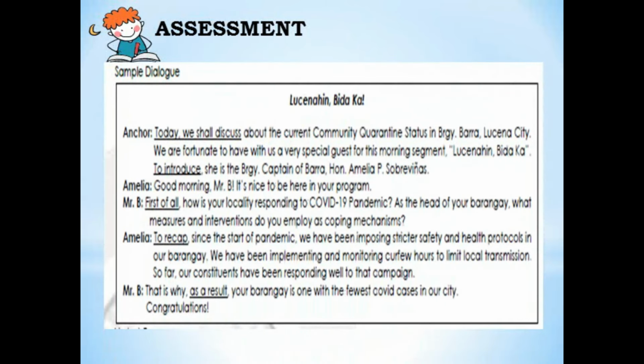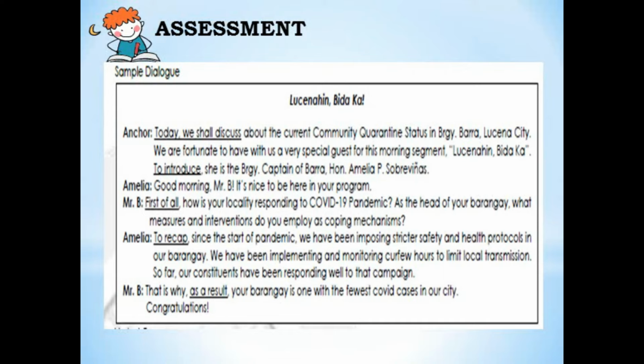So this is the sample dialogue. Anchor: Today, we shall discuss about the current community quarantine status in Barangay Bara, Lucena City. We are fortunate to have with us a very special guest for this morning segment.